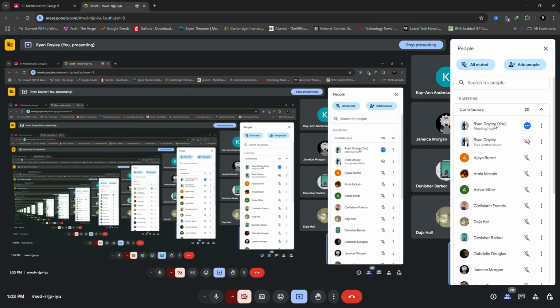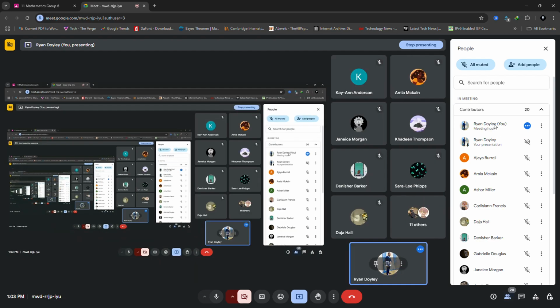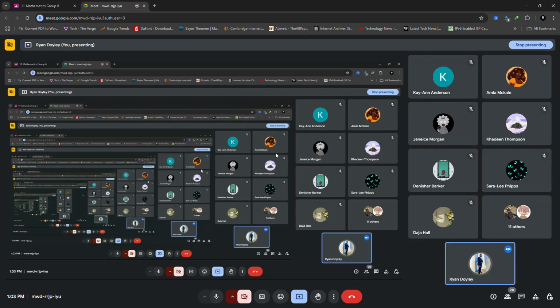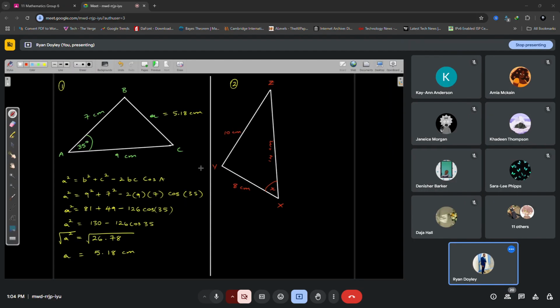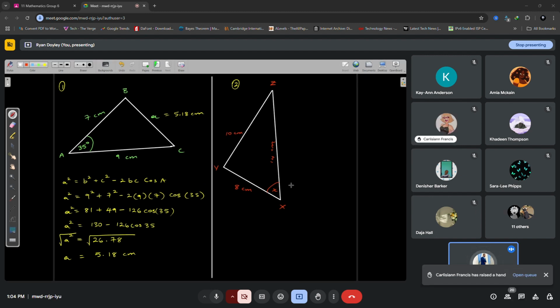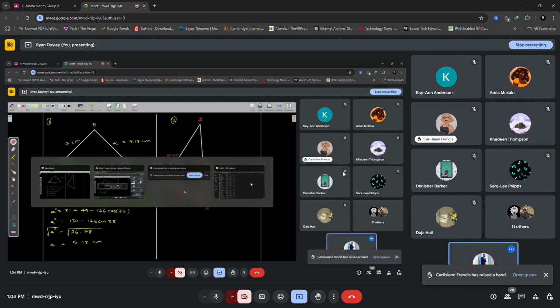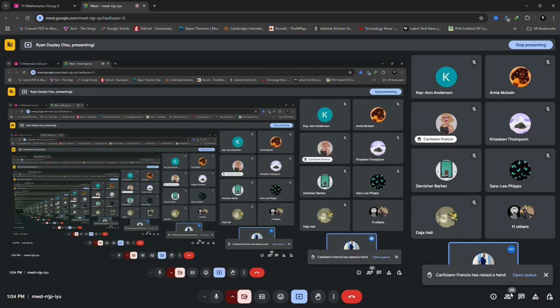Alright, so Carlisian. So we're looking at this triangle and we want to find x. Alright, so Carlisian has raised. Go ahead, Carlisian.